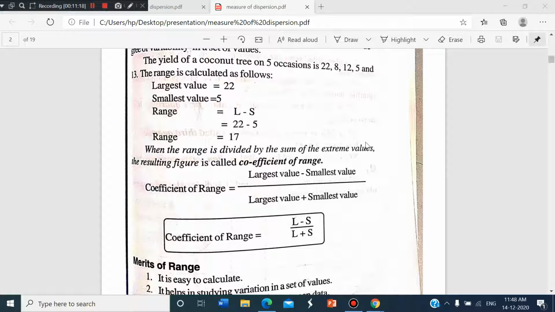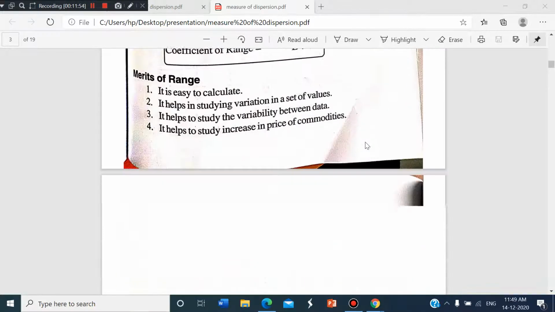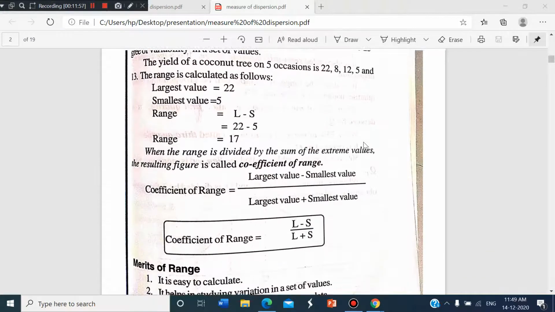So the coefficient of range equals R, that is L minus S, largest value minus smallest value, divided by largest value plus smallest value: L minus S divided by L plus S. Here also you can calculate it.